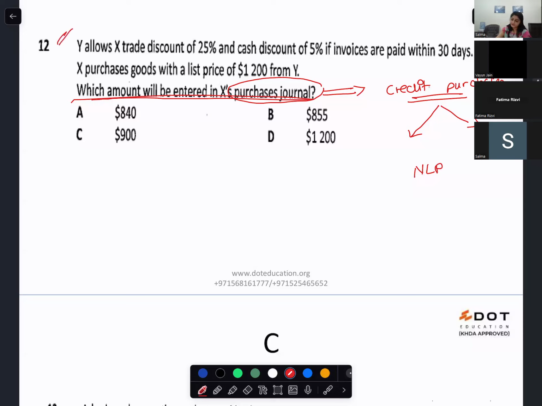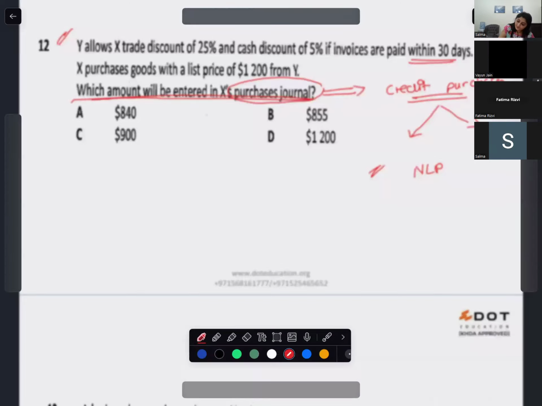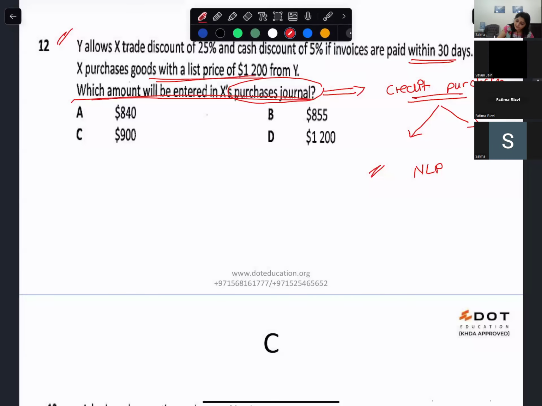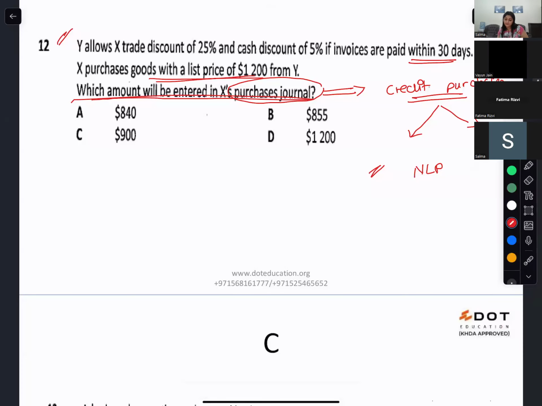Okay Vayun, please read and tell me. Y allows X trade discount of 25% and cash discount of 5% if invoices are paid within 30 days. X purchases goods with a list price of 1,200 from Y. So first we'll write down the list price, which is 1,200. Then the trade discount is 25%, which is 300.